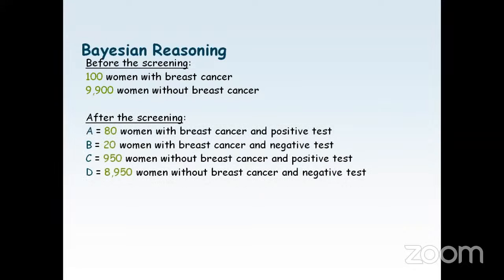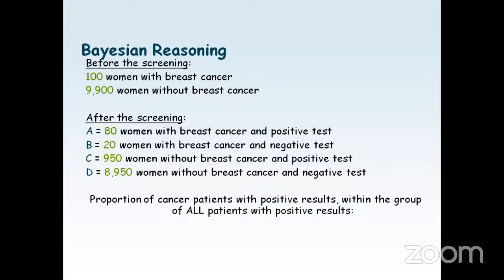Okay. Before screening, we have 100 women with breast cancer and 9,900 women without breast cancer initially. After the screening, there are 80 women with breast cancer and a positive test, 20 women with breast cancer and a negative test, 950 women without breast cancer and a positive test, and 8,950 women without breast cancer and a negative test.